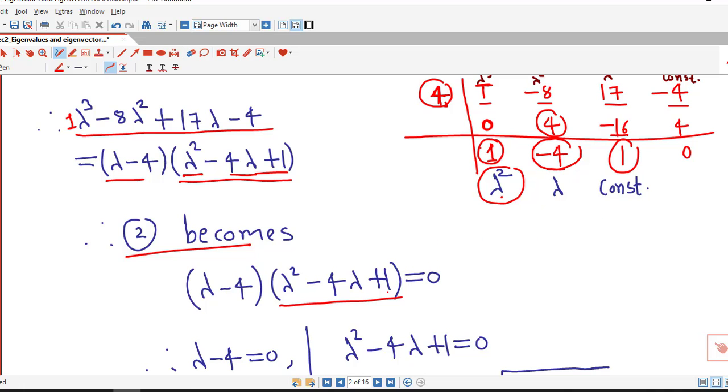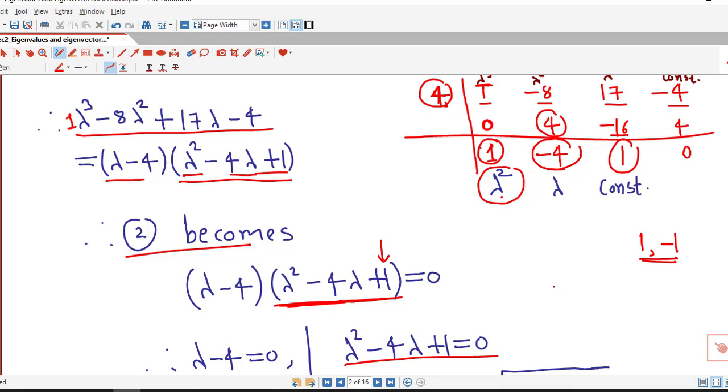Here also we can check. This is a polynomial in which all the coefficients are integers. So if there is any integer solution, then it must be a divisor of 1. That is, either integer solution is 1 or minus 1. For this factor, because it is a polynomial with integer coefficients, if there is any integer solution to this equation, then it must be a divisor of constant term, which is 1 here.